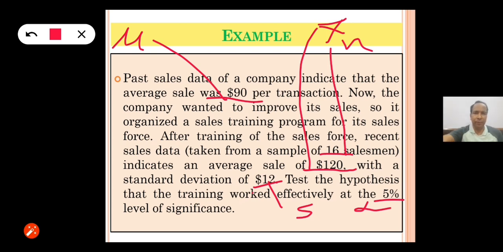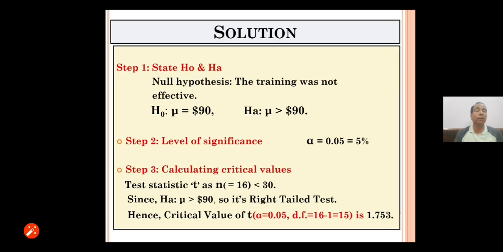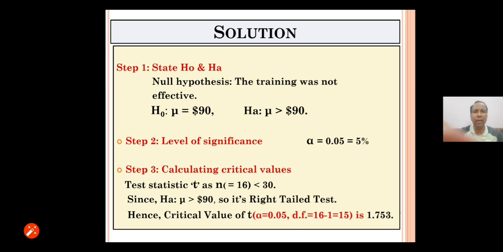So let's see how we will put these values in the test statistic and how we will compute it. Before that, let's proceed with the process of hypothesis testing step by step. Step 1 of hypothesis testing is to state the null and alternative hypothesis. The null hypothesis here is that mu is equal to 90.